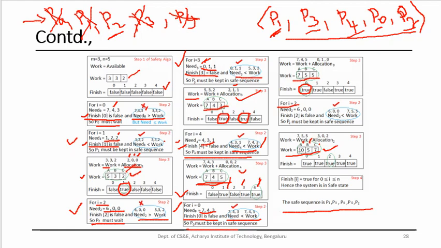I hope you understood. So you will have to have the allocation matrix, n cross m, the max matrix, n cross m, and the available vector. Using that you will calculate the need, then apply the safety algorithm which I discussed. I will show the safety algorithm once again.